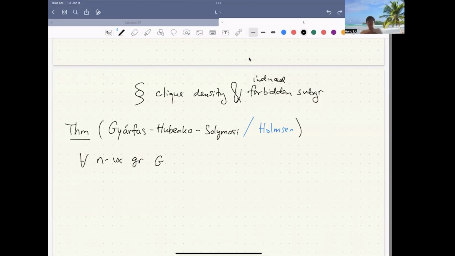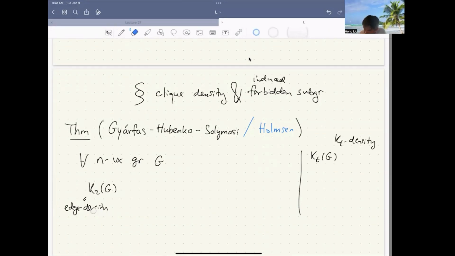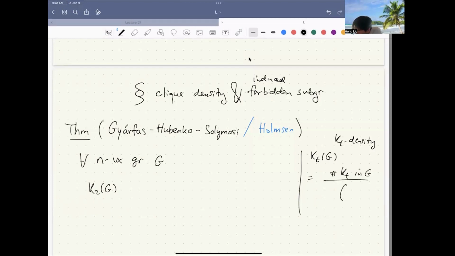When we write K_t(G), this is the K_t density, which is the number of K_t in G normalized by n choose t.